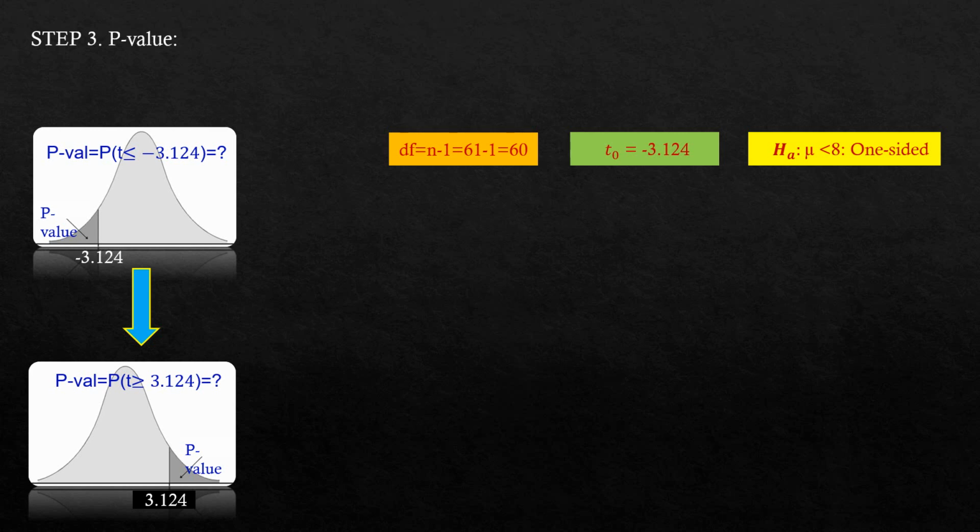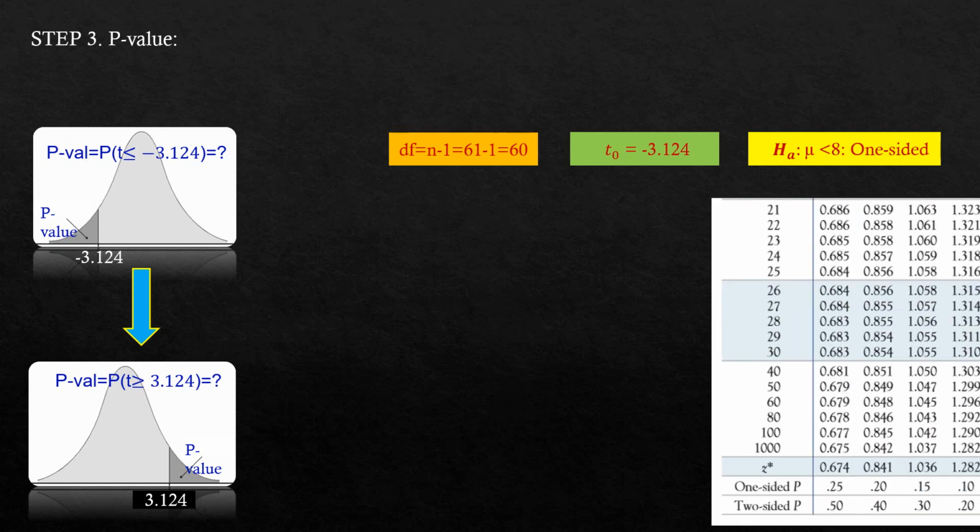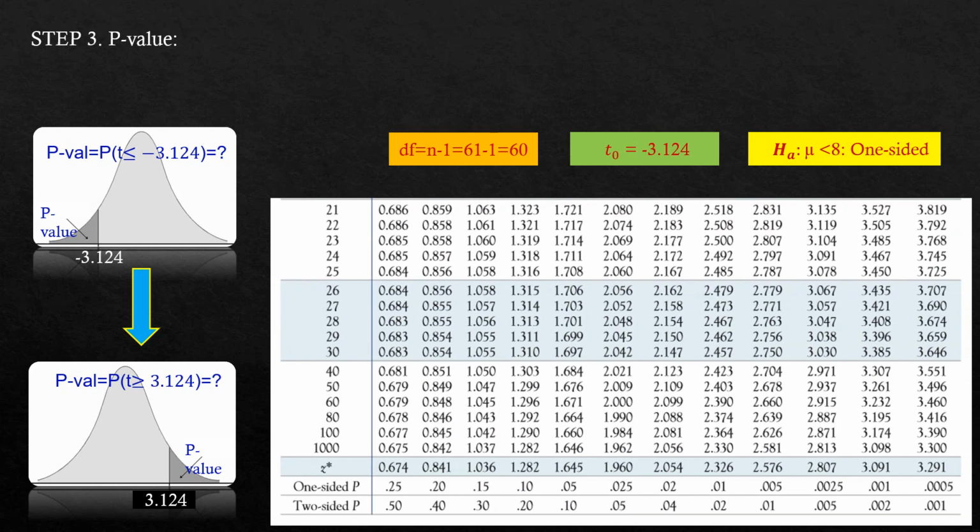Now have your t-table ready and find the degrees of freedom, here 60. Once you have the degrees of freedom, go back to the test statistic. We are looking for the test statistic 3.124, the positive number in this line. Can we find positive 3.124 in this line? I don't think so. But we can find two numbers, one less than and the other one greater than.